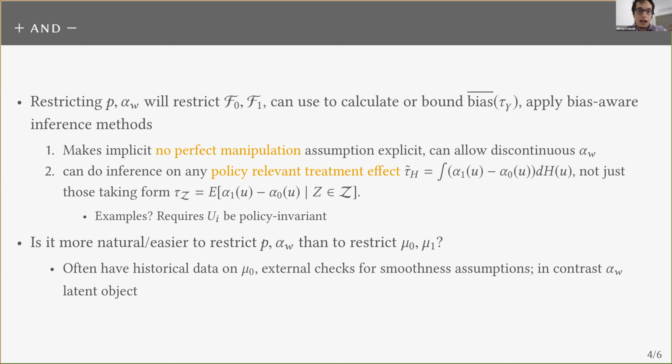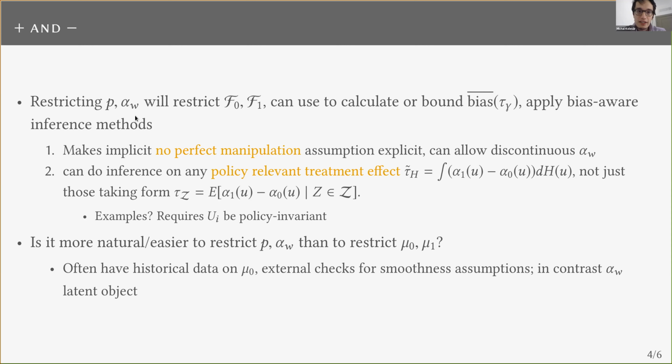So this is another way of saying that while the standard bias-aware approach to inference places smoothness assumptions directly on the conditional mean of the observed outcome given Z, the method proposed in the paper does this indirectly by placing restrictions on P and AW. But you can calculate what sort of restrictions on this parameter space you're going to generate once you restrict what P and AW can be.